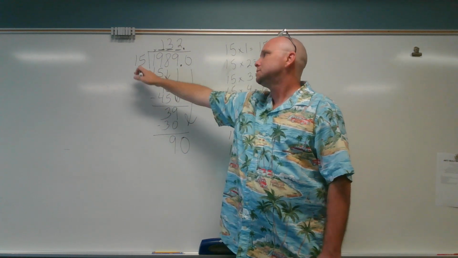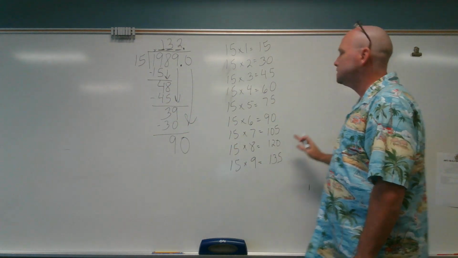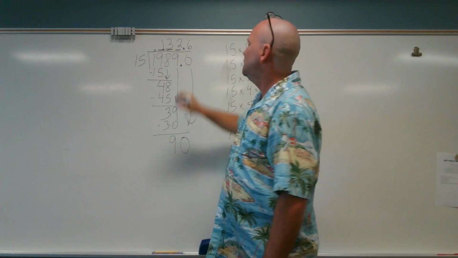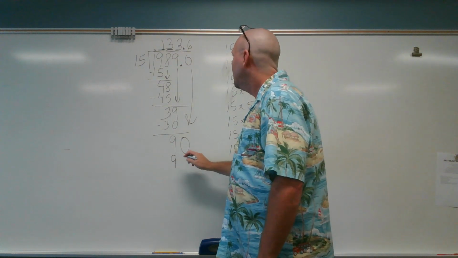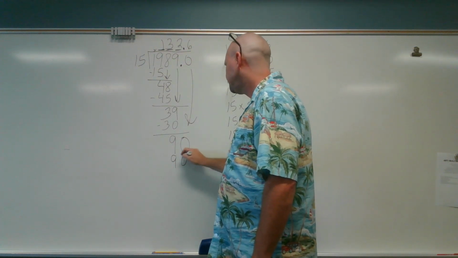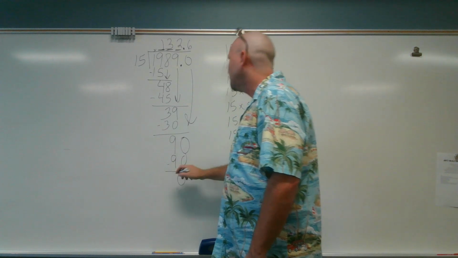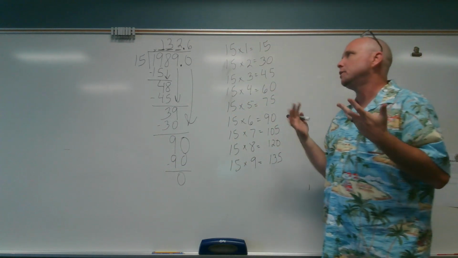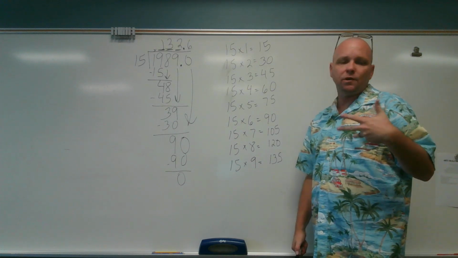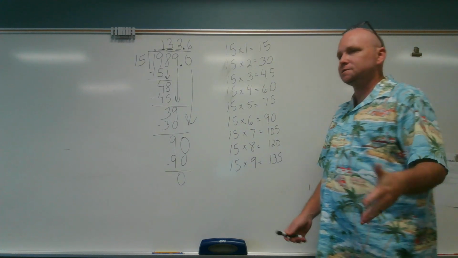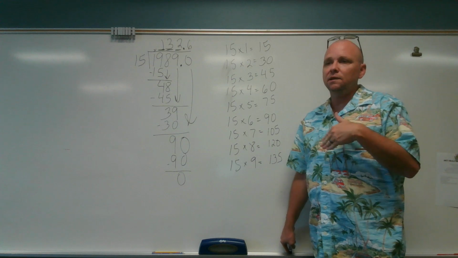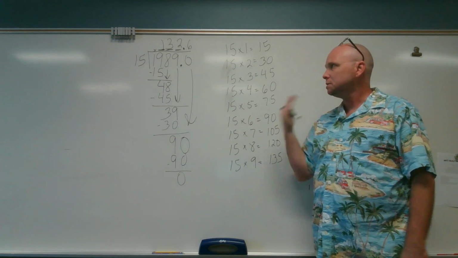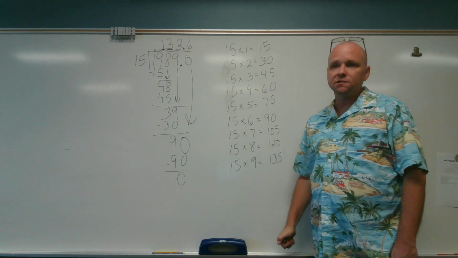So how many times is 15 going to go into 90? 6 times. So this could be 132 and 6/10, or 132 remainder 9. Either answer would work. It depends on what the question's asking. If it's just asking you to divide, the remainder is fine. If it's decimal numbers, then we have to have the decimal.